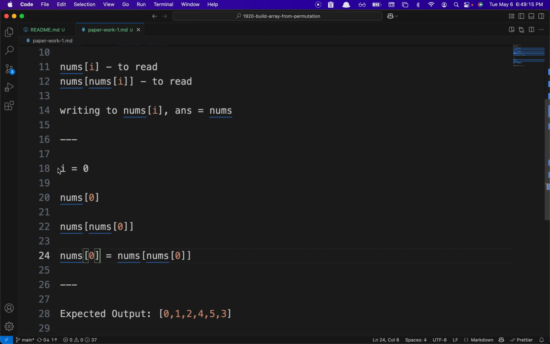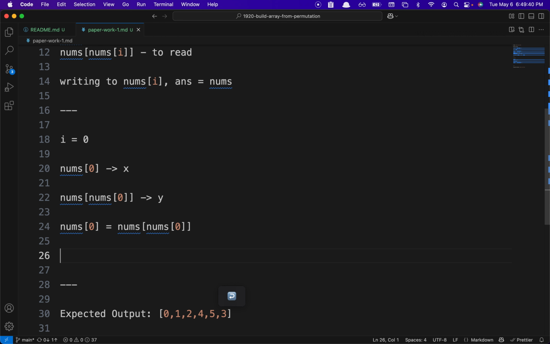Let's think about it. Write nums of 0, and you lose it. Let's say this is some x, this is some y, and you lose x. And nums of 0 finally becomes y.